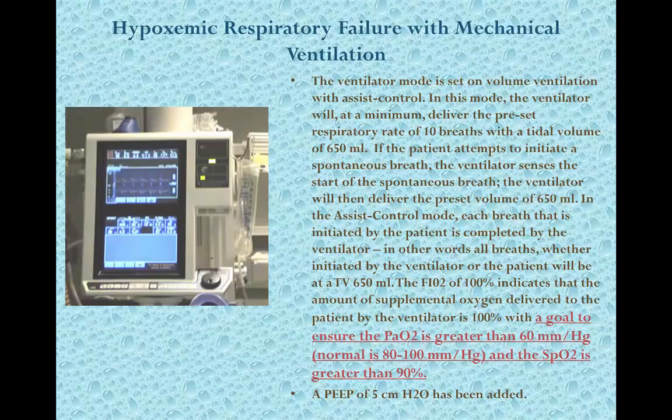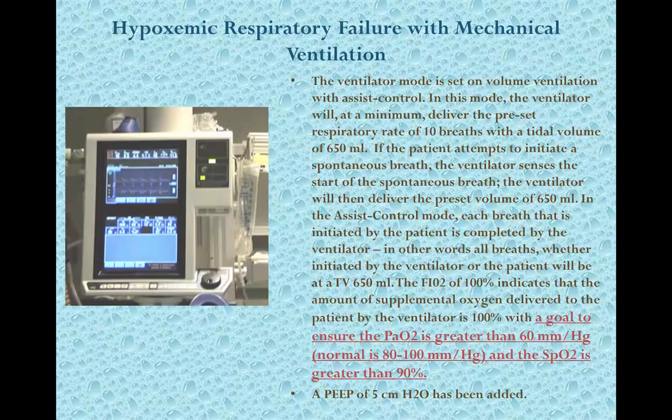The patient can attempt to breathe, and if they initiate a breath, as soon as they start, the ventilator will sense the start of the spontaneous breath and deliver the preset volume of 650 mils. This patient in the assist control mode will always receive, whether it's a machine-generated breath or a patient-generated breath, a tidal volume of 650 mils.